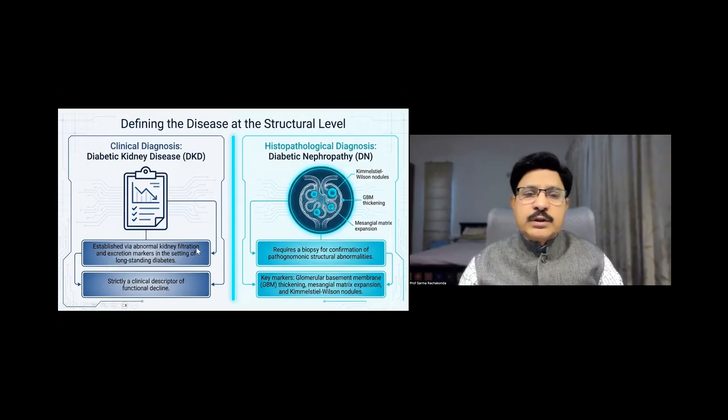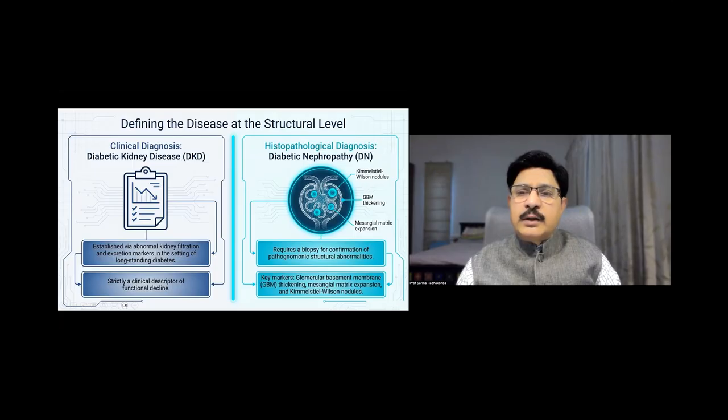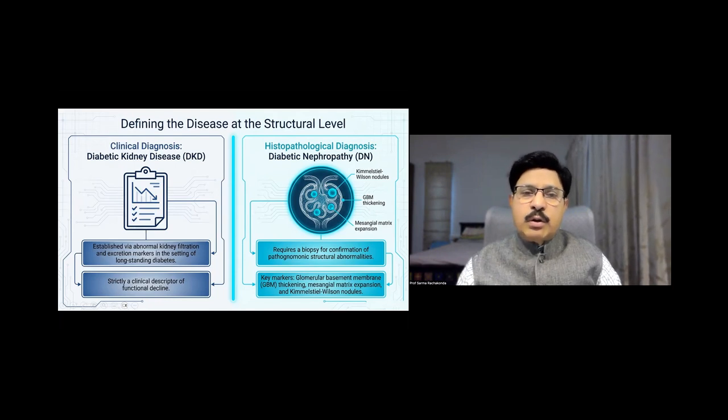Diabetic kidney disease is established via kidney filtration and excretion markers like albuminuria and eGFR, strictly a clinical descriptor. Here we have 1, basement membrane thickening, 2, mesangial matrix expansion, 3, Kimmelstiel-Wilson nodules, and finally glomerular sclerosis. This is the histopathological counterpart.